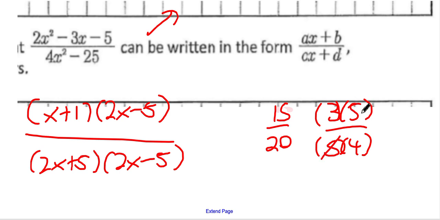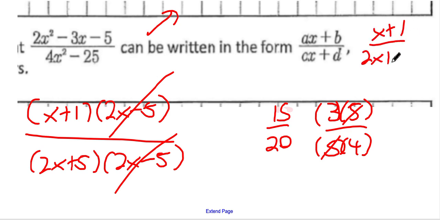And what's left over then? 3 over 4. Using that idea, what can I cancel on this one? The 2x minus 5 and the other, because it's the same number on the top and the same number on the bottom, and they're both being multiplied. Meets the criteria. X plus 1, 2x plus 5.